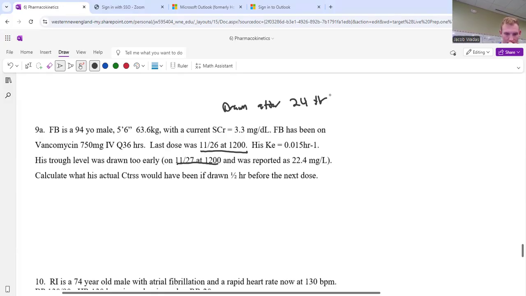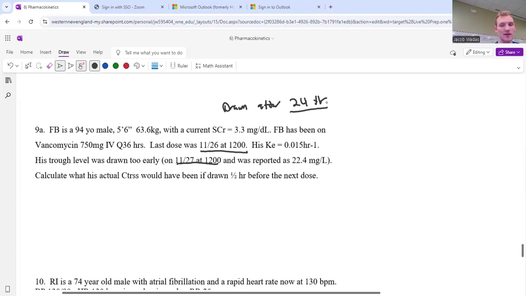If we know that it was drawn after 24 hours, we can treat this as like a new peak.